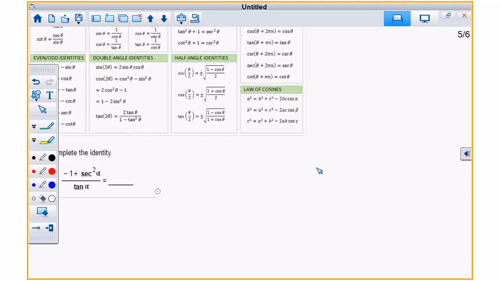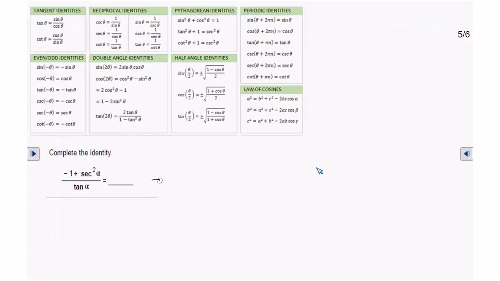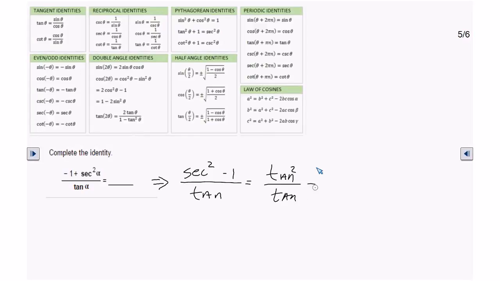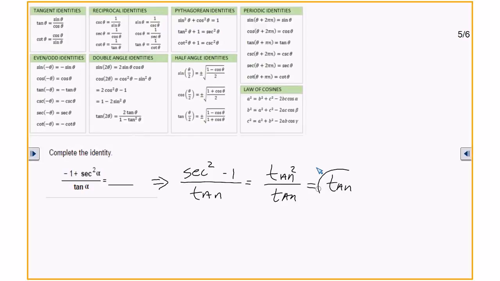And get that ditch ready. Secant squared minus 1 over tangent, and that's going to be tangent squared over tangent, which is equal to tangent. So tangent in that problem, let's look and see.